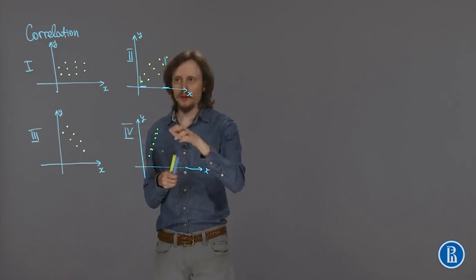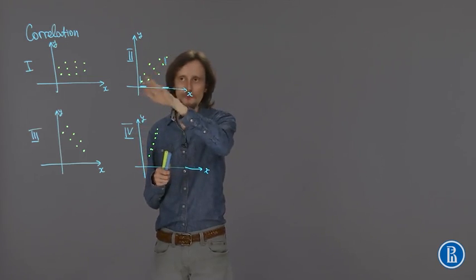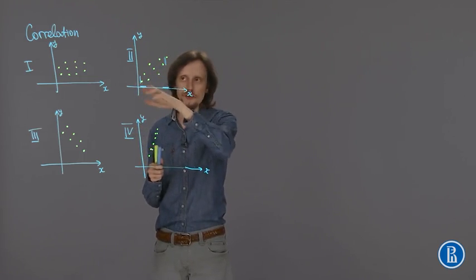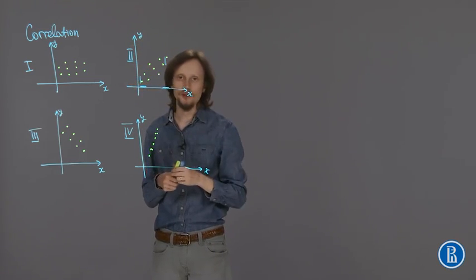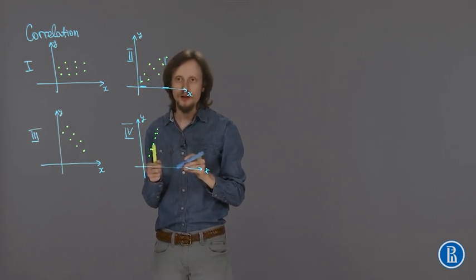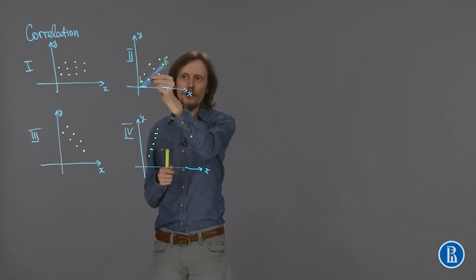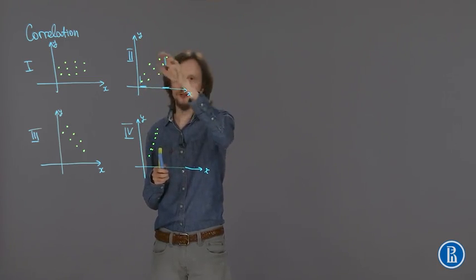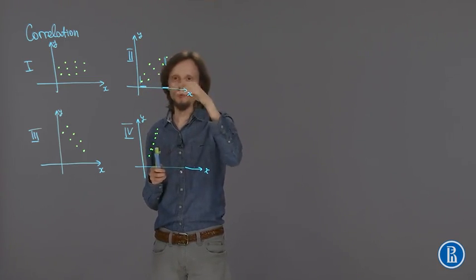We see that there is a relation between x and y. This relation is more or less monotonic. When x increases, y also increases. And we can see that this relation is approximately linear. We can draw a straight line that will roughly approximate this tendency, this relation between x and y.